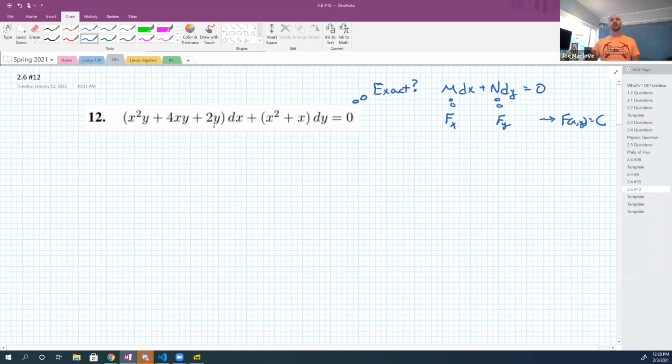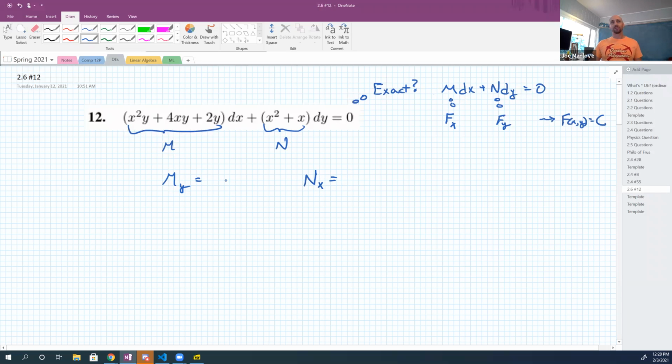So if we check this for exactness, I'm going to think about this as M and this as N, and I'm going to calculate M_y and N_x. I'm going to have to do these anyways to run the theorem out of the integrating factors section. So the first thing I'm going to do is calculate these two quantities anyhow.